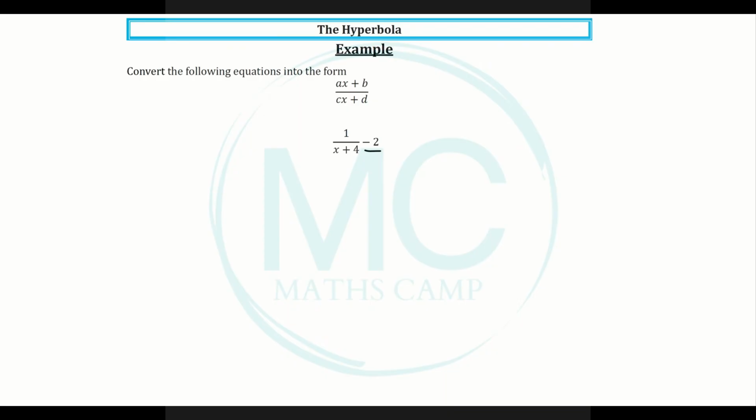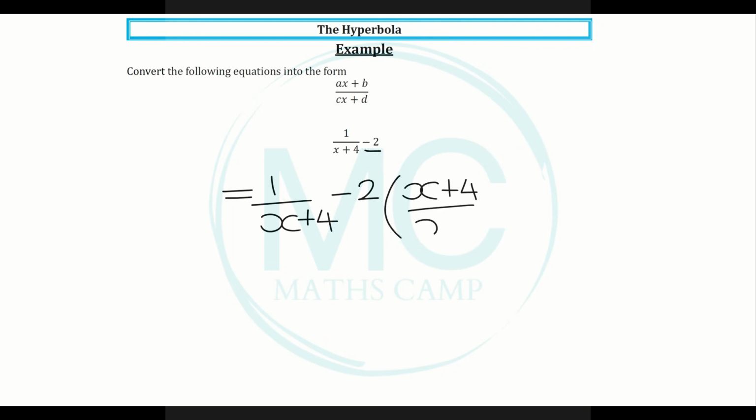So this means that in this case, we're going to have 1 over x plus 4 minus 2 multiplied by x plus 4 over x plus 4. Remember that when you have a fraction where you have the same value in the numerator and the denominator, the fraction is equal to 1.